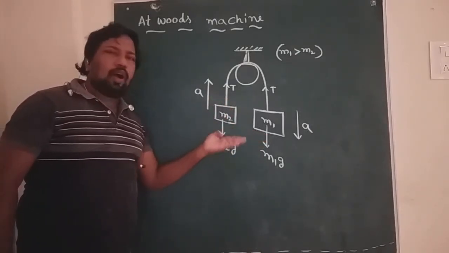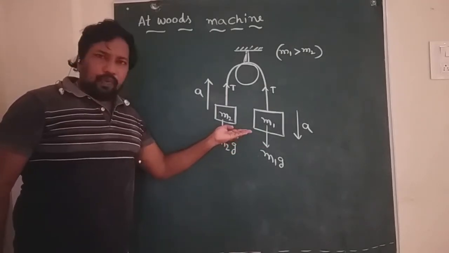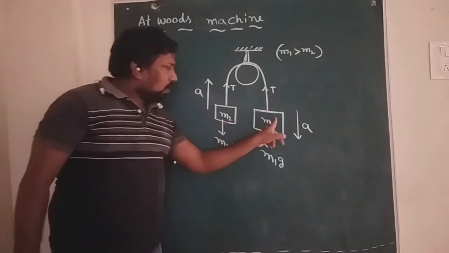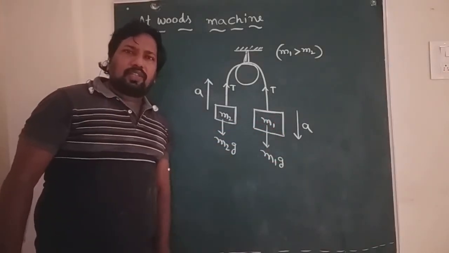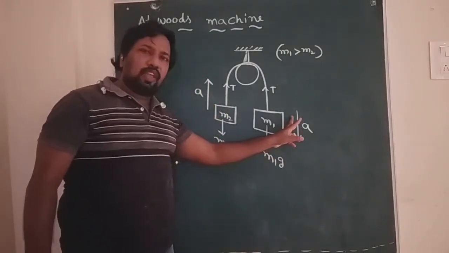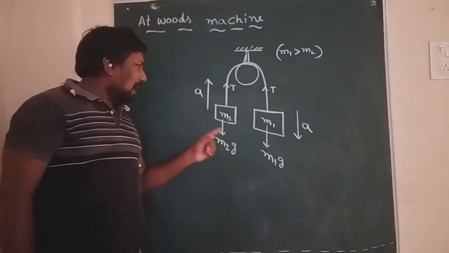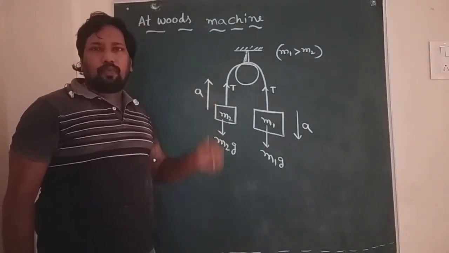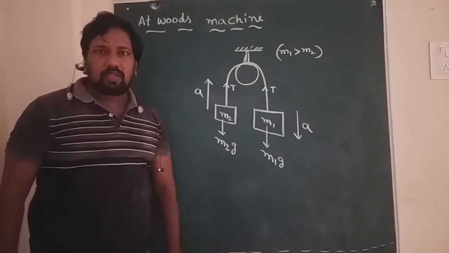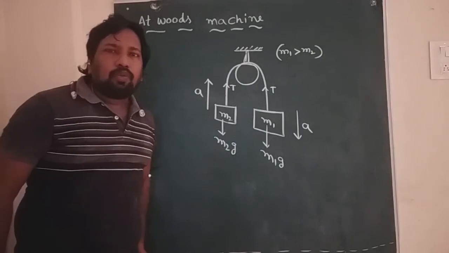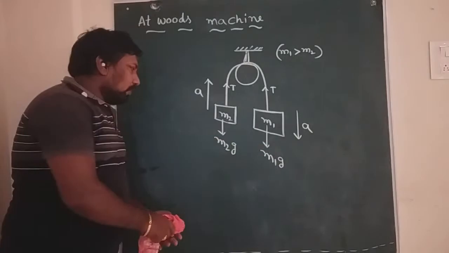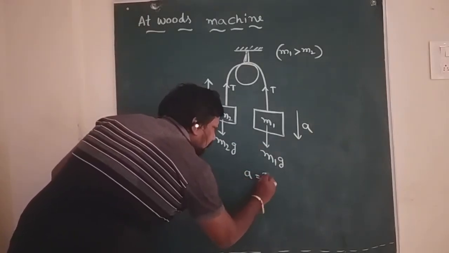Now these two blocks are freely released, then M1 block moves vertically downward but M2 block moves vertically upward. Acceleration of the M1 block is vertically downward, acceleration of the M2 block is vertically upward. These two blocks are treated as one system. Then we can find out the acceleration of that system and the tension in this string.